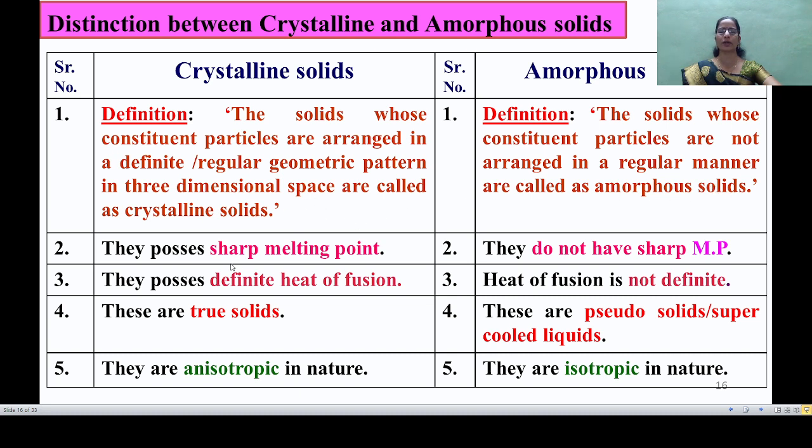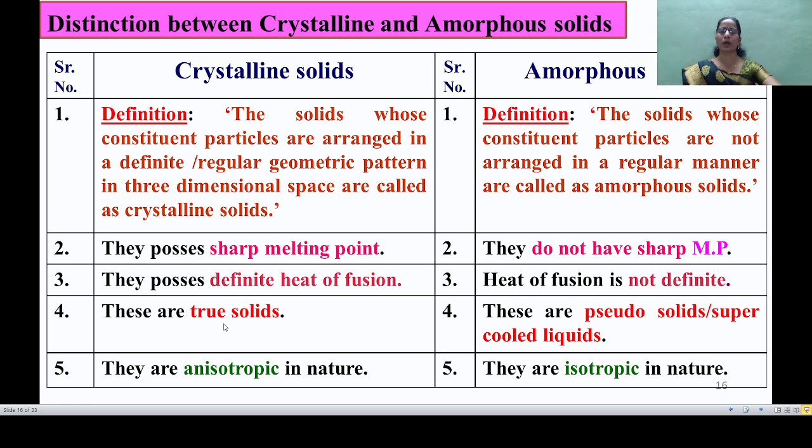See the second point of difference: crystalline solids possess a sharp melting point while amorphous solids do not have a sharp melting point. And due to this, the crystalline solids have a definite heat of fusion while amorphous solids do not.